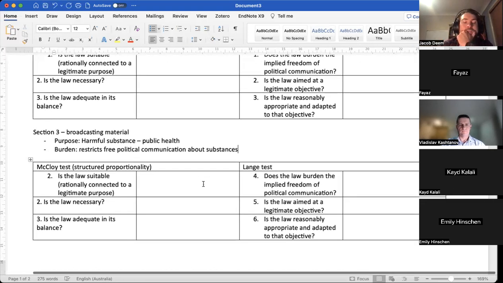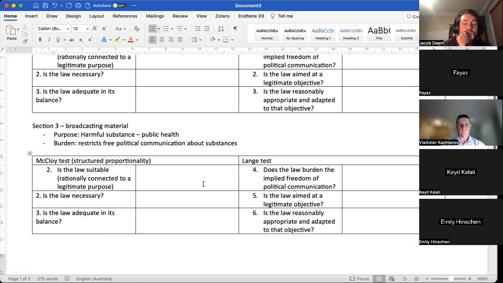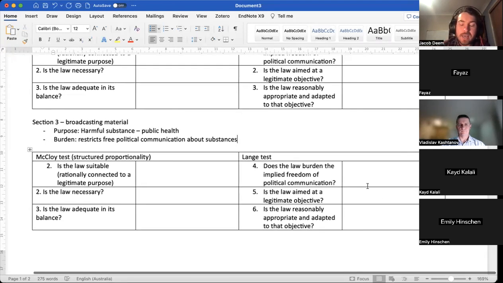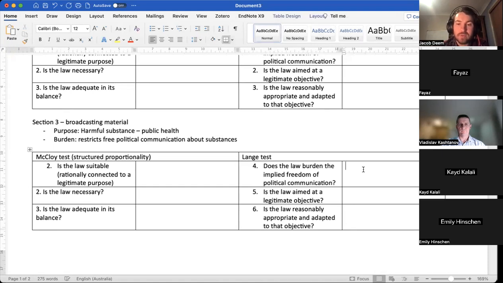Now, if you hadn't guessed already, I'm not the biggest fan of the structured proportionality approach, and that will be much clearer now. I think it will be clearer for you if we go with the Lang test first, and then talk about structured proportionality, because I think it gets us to a clearer understanding of what's going on.